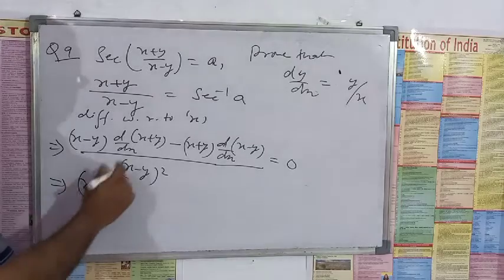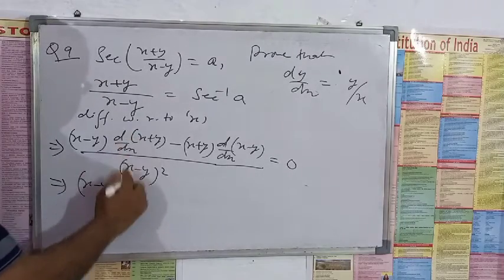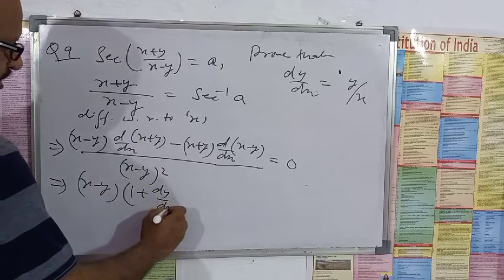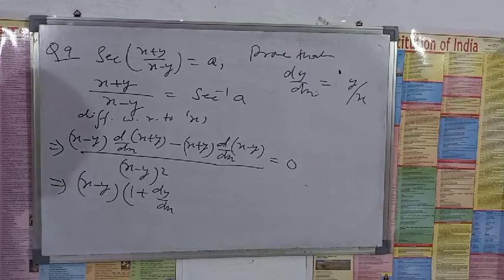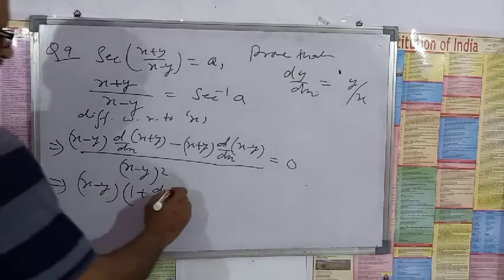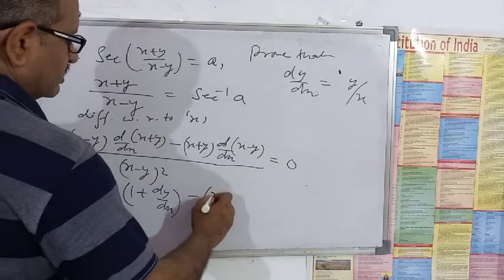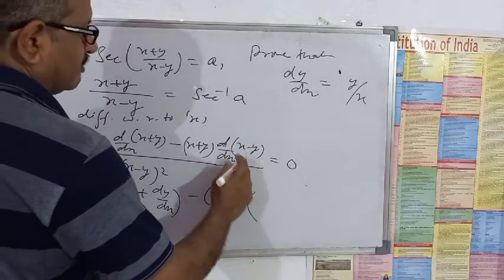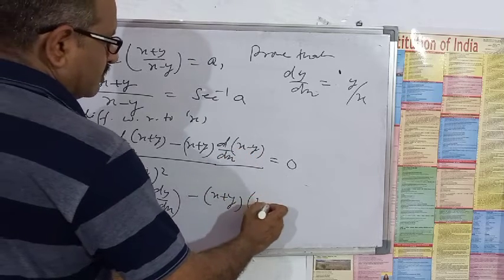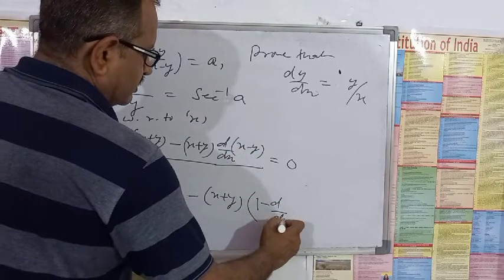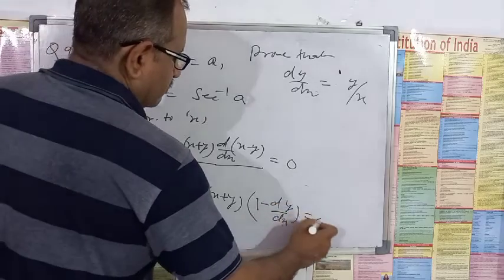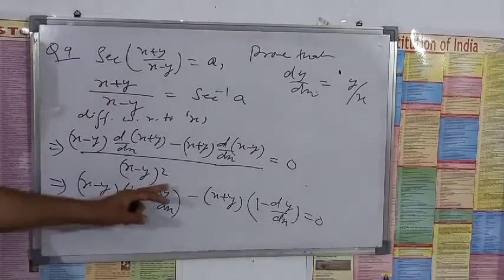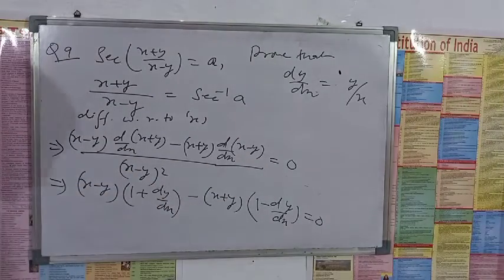X minus y, differentiate it. Derivative of x is 1. Derivative of y is dy by dx, minus in bracket x plus y, and derivative of this x minus y, derivative of x is 1 and derivative of y is dy by dx. We can cross multiply here, so it will be 0. X minus y whole square is equal to 0.